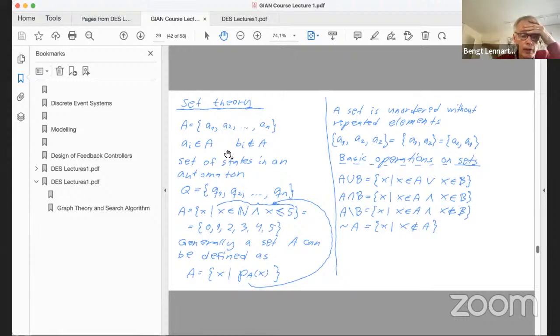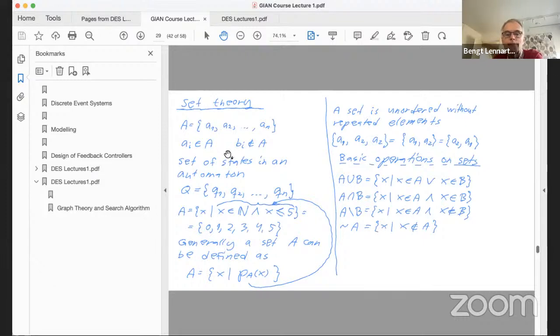And that means that generally a set A can be defined as all x such that a specific predicate P of x is true. That also means that I can define some basic operators on sets like union, intersection, set minus, and the complement of A. And here remember that this is a predicate: a belongs to A is a predicate that can be true or false.